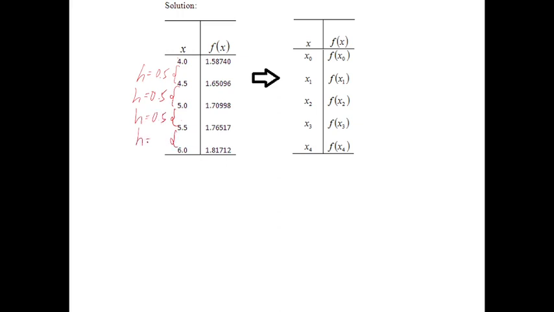And this one, also the same. Therefore, we can now proceed with the next step. It satisfies the condition that the tabular interval is constant, so we can now construct the central difference table.